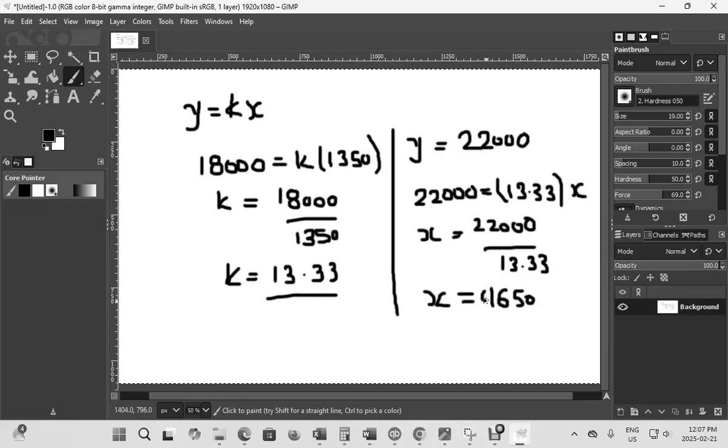So for a car that's valued at 22,000, the sales tax will be $1,650. You can verify this using cross multiplication. We know that for a car that's valued at 18,000, the sales tax is 1,350. So how much for a car that's valued at 22,000?